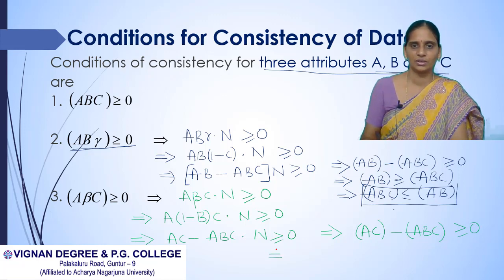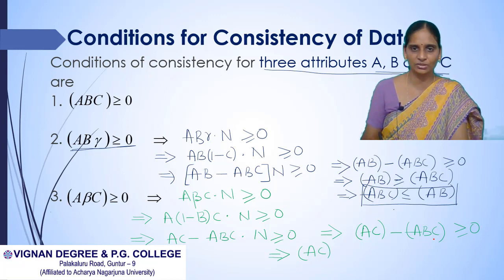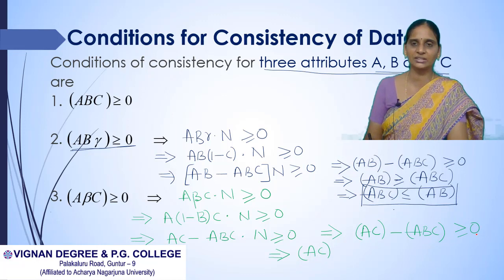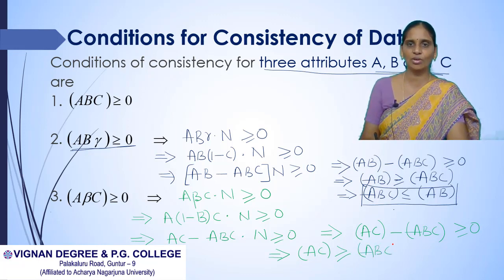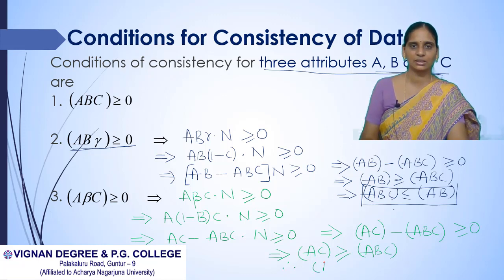And this implies frequency of AC, in the left hand side, minus frequency of ABC shifted to right hand side. So now frequency of AC is greater than or equal to frequency of ABC, or frequency of ABC is less than or equal to frequency of AC.